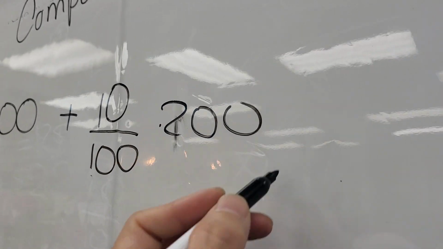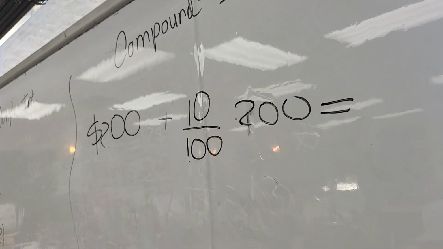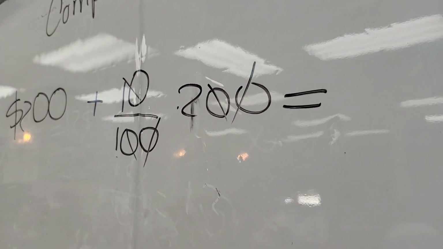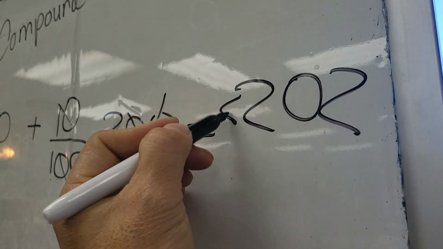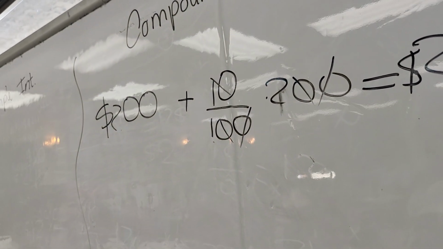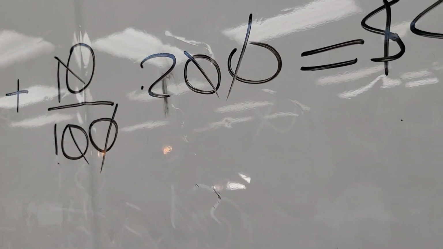So after 1 month, how much do we get? 202, right? Let's make the number bigger.